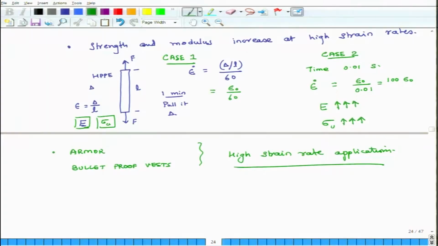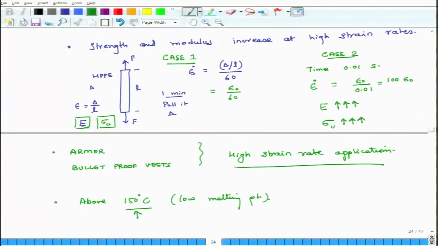But having said all this, they have a weak point: they start becoming very soft above 150 degrees centigrade, because they have a low melting point. I do not remember whether this is the exact number, but at not very high temperatures they start melting.